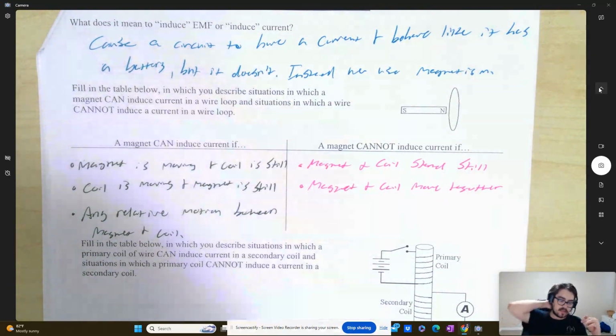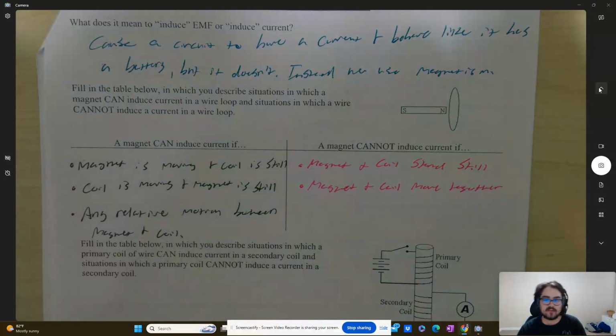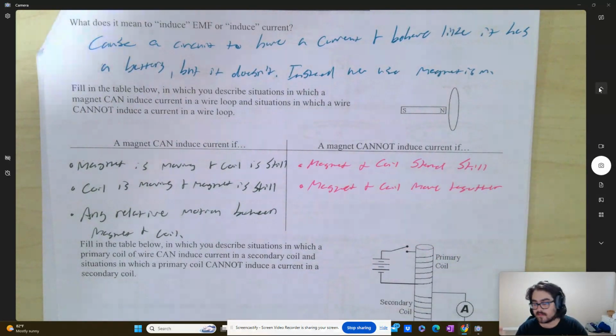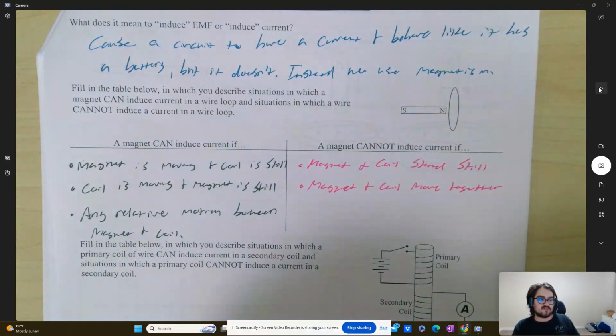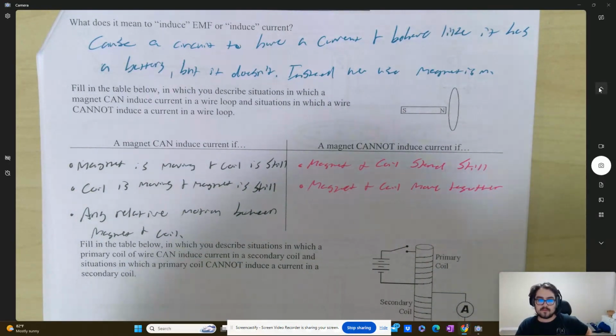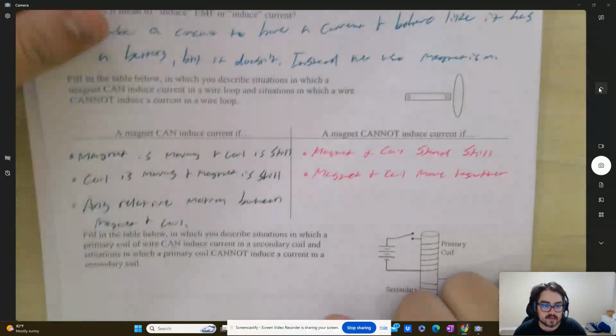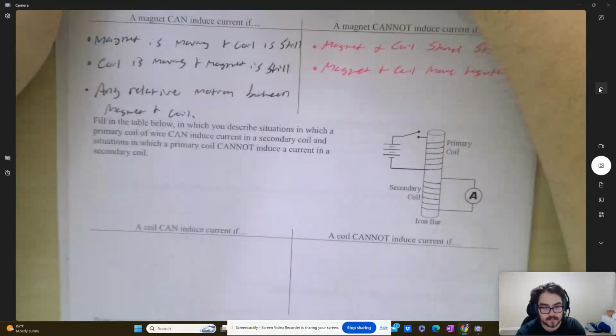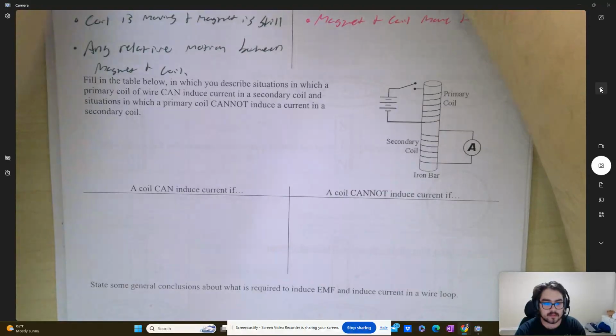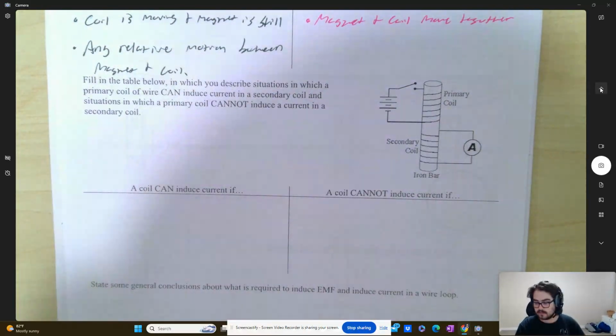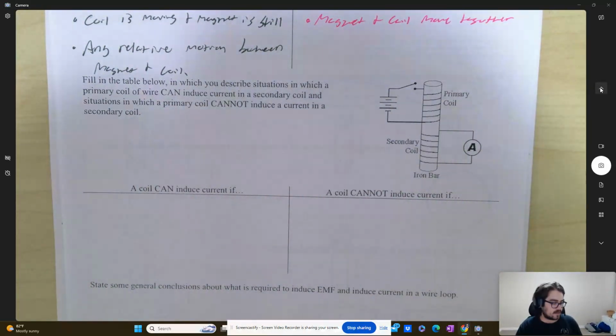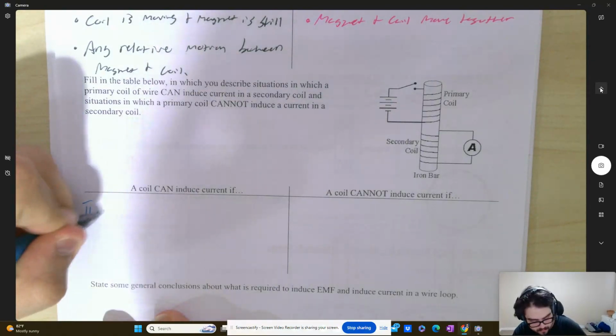Because essentially, in one object's frame of reference, the other object is moving with it. If they're moving together, then in the coil's frame of reference, the magnet is at rest because it's moving with it, right? And same thing. So from the frame of reference of one object to the other, there needs to be some motion.